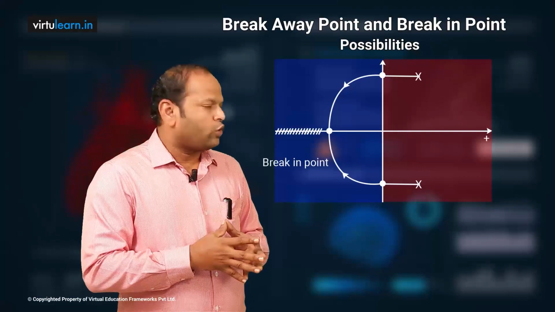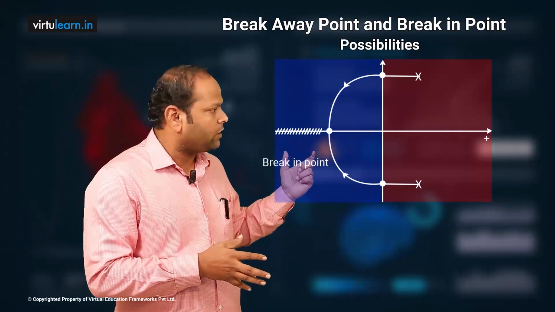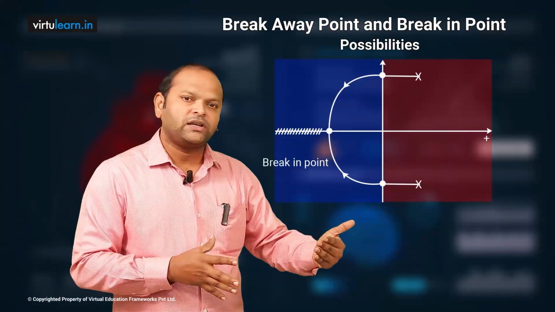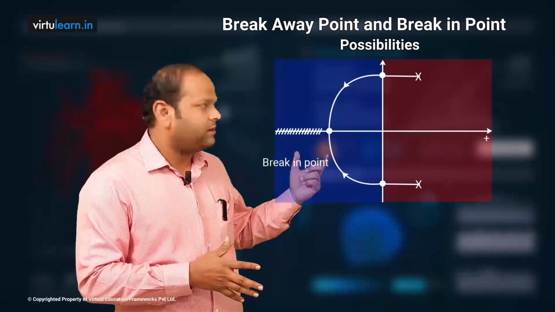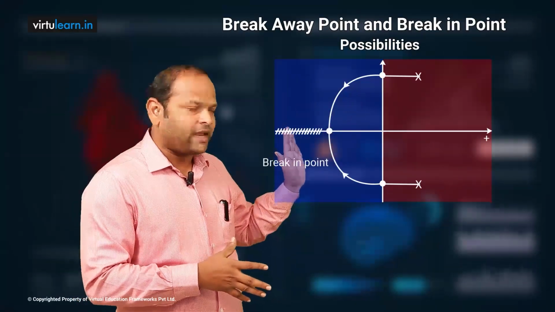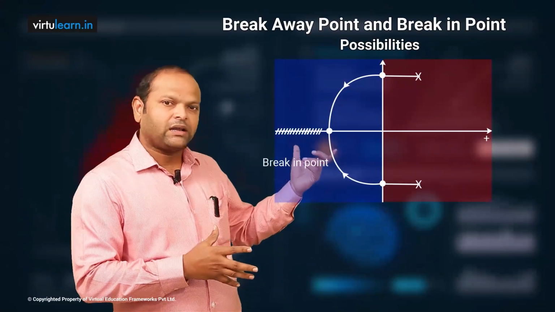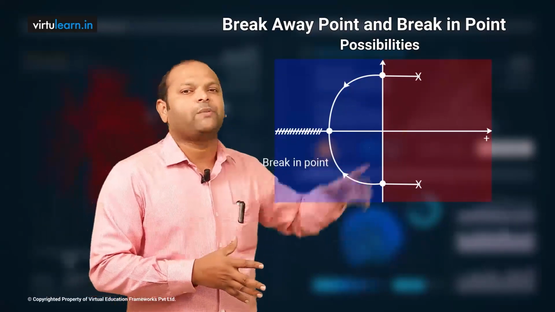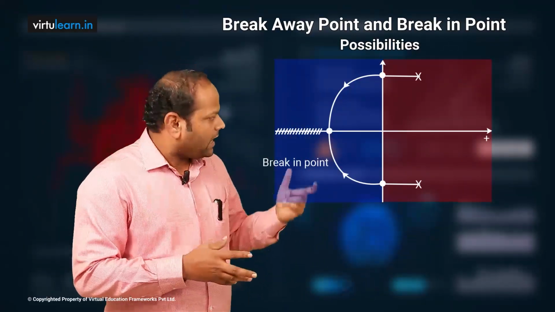That means your open loop poles may be on the left side and your open loop zeros on the right side, because zeros are ending points and poles are starting points. So the branches start on the left, they should reach the zeros on the right, therefore they should cross the imaginary axis. When they are crossing, then an imaginary crossover point exists.